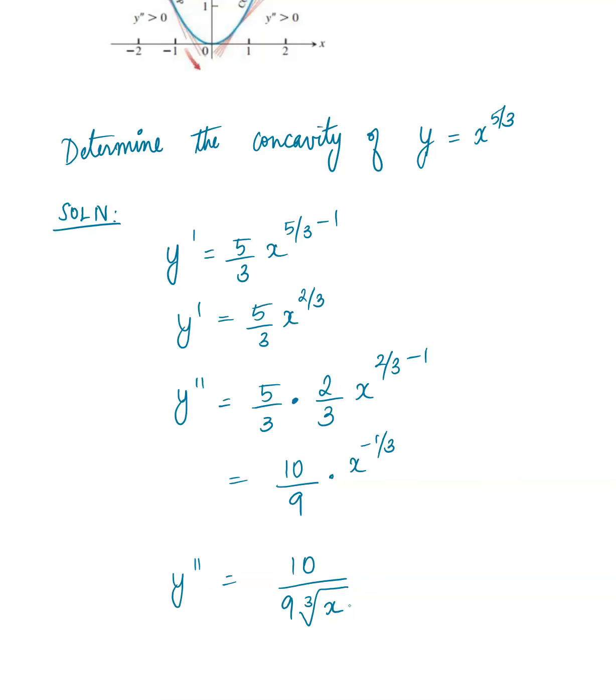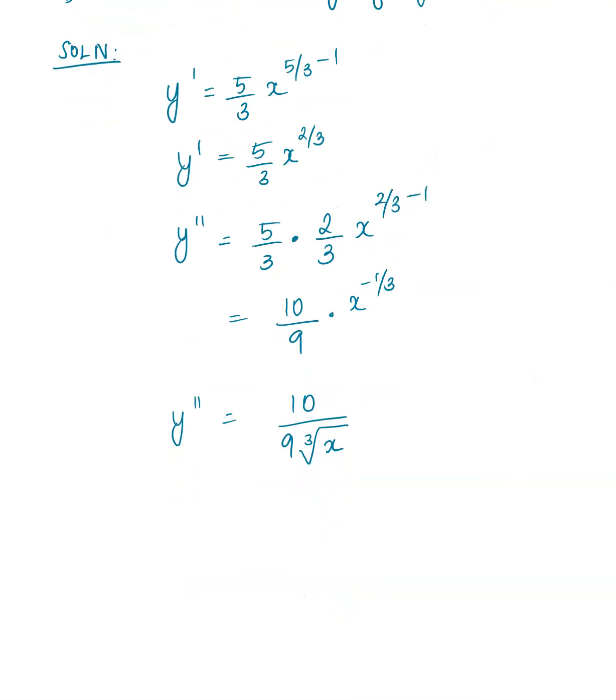Now we need to see what happens for y double prime. Where does it change sign? But just before that, whenever you have this situation, you want to see where this becomes undefined, and we know this becomes undefined at 0. So x should not be 0, right? Meaning it implies that y double prime fails at x equals 0.